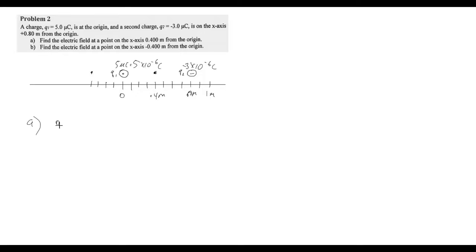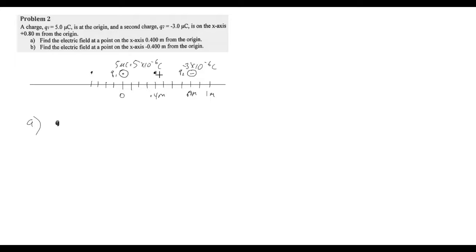So at that point, I'm just going to redraw it here, the negative charge has an E field that points towards it, always, right? A positive test charge here would feel a pull towards this, and this positive charge, Q1, is going to be pushing away here as well. So we've got one E field from Q1 pointing in the positive x direction.